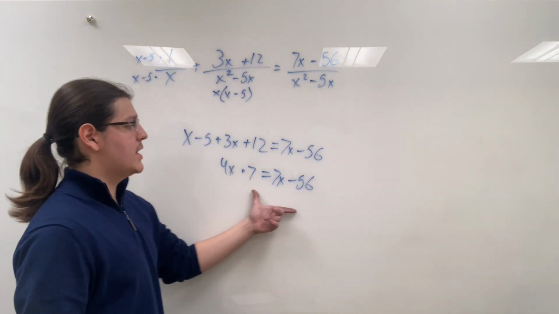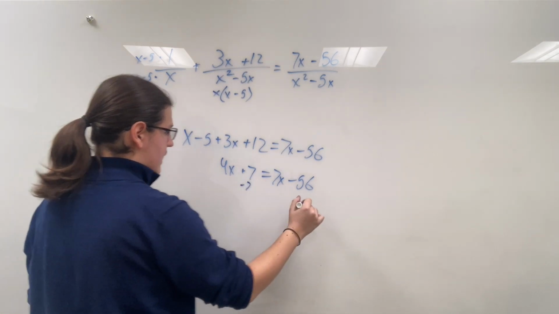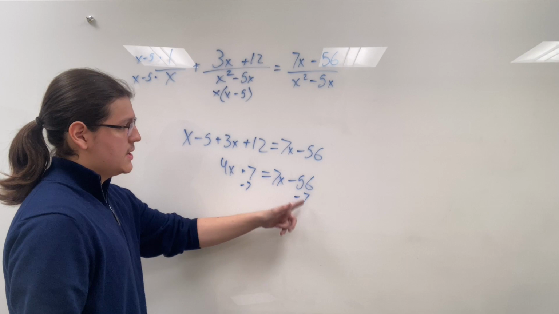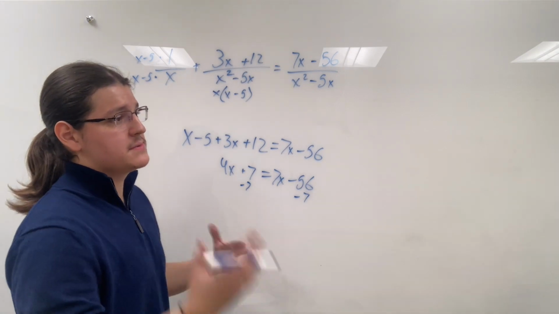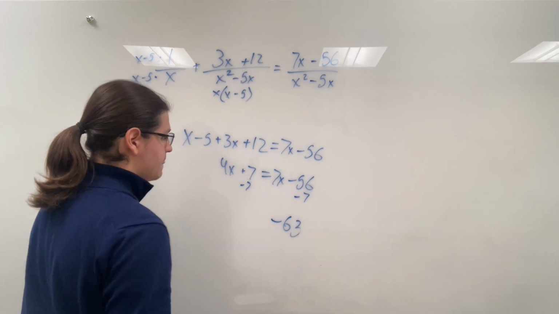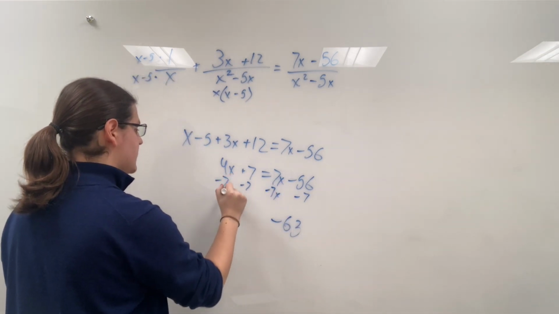And now we can do like terms again. So we're going to minus 7. I know that this is 7 times 8, adding another one, 7 times 9, that's going to be negative 63. Now, take 7x out, minus 7x.